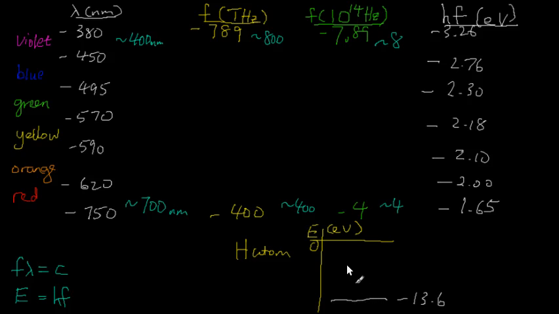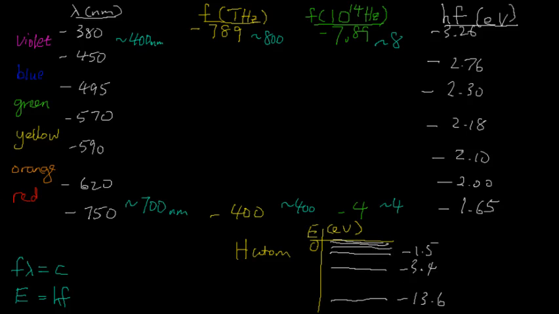The next one out, the second orbit, has an energy of minus 3.4, and the third orbit has an energy of minus 1.5, and you get lots and lots more orbits, which are squeezed closer and closer together as it moves towards zero.